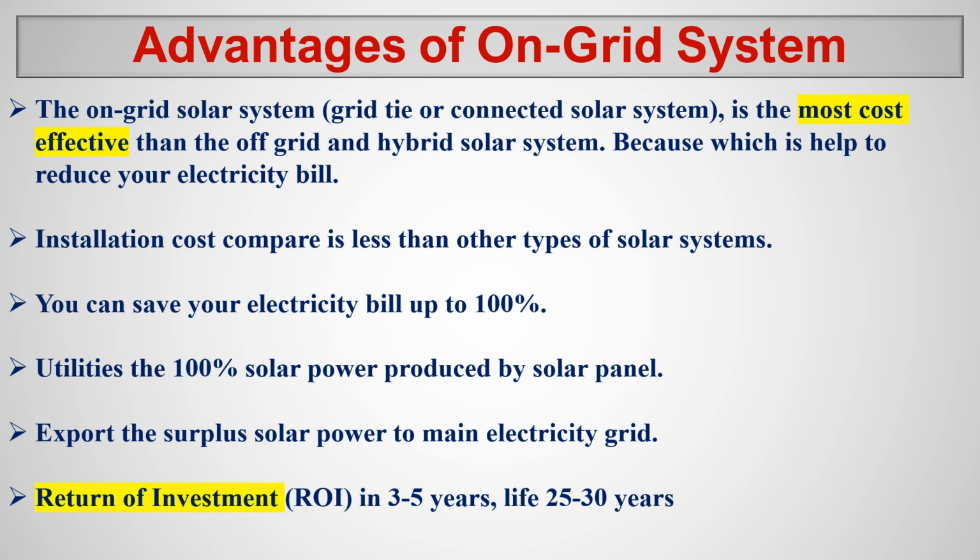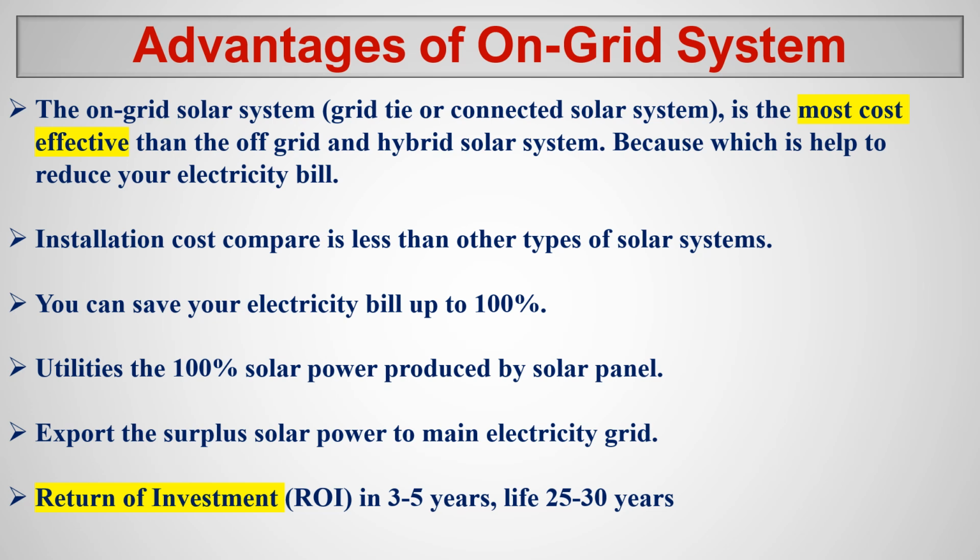So basically, your total investment is minimized when you go for an on-grid system. Okay, so it is more cost effective than the off-grid system. The on-grid system is more cost effective than the off-grid system, and the installation cost compared to other types of solar PV system is less.